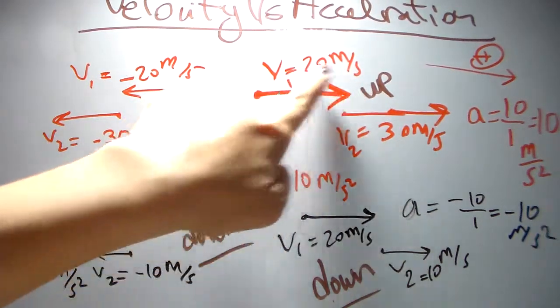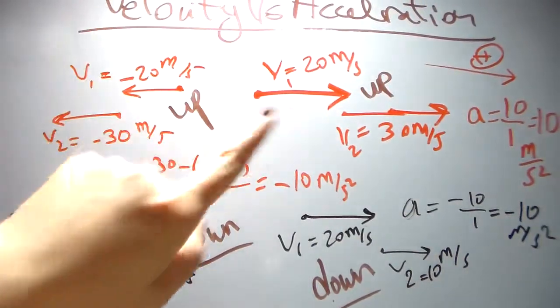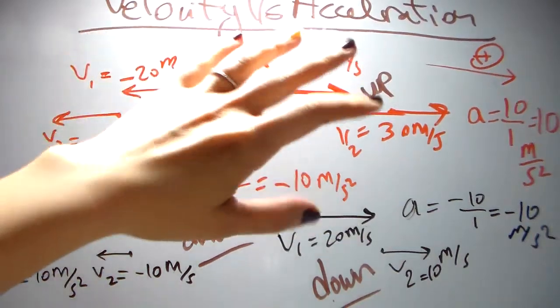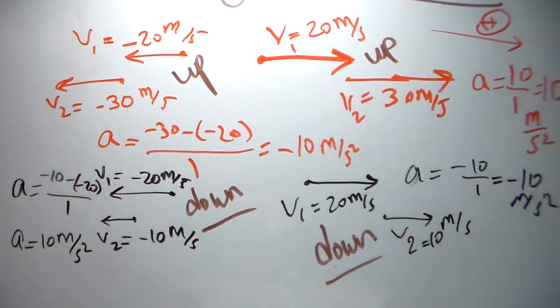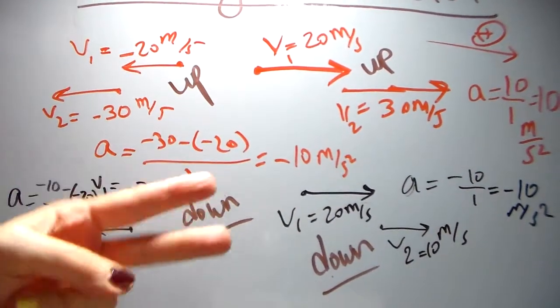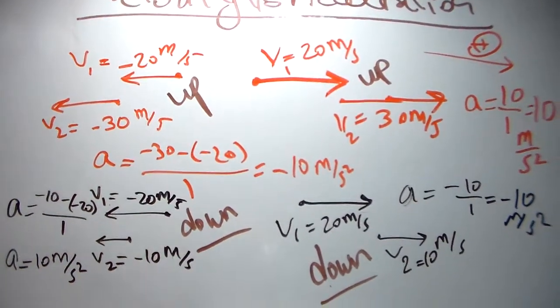Whenever you have the same sign for velocity and acceleration, you have a speeding up situation, and whenever the signs are opposite, you always have a slowing down situation.